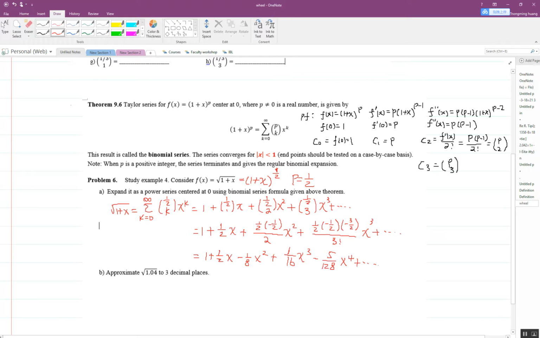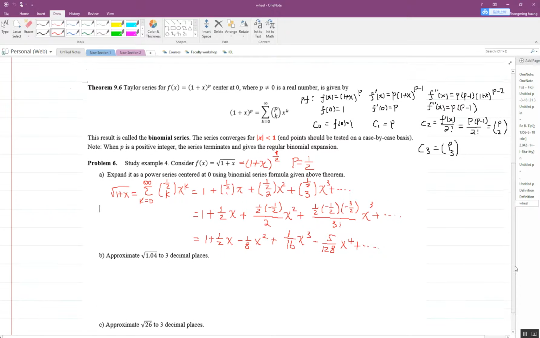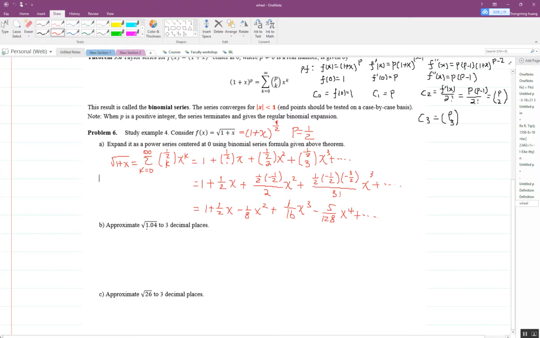This is how we find the power series using the binomial series. Next, let's look at how we can apply it to approximate the square root of 1.04 to 3 decimal places.